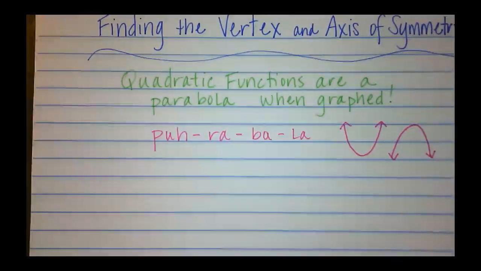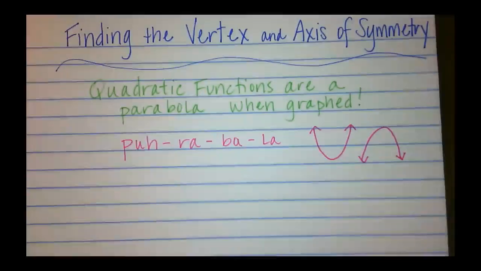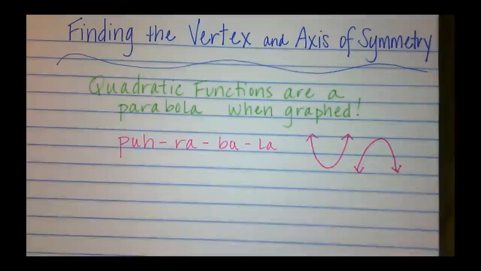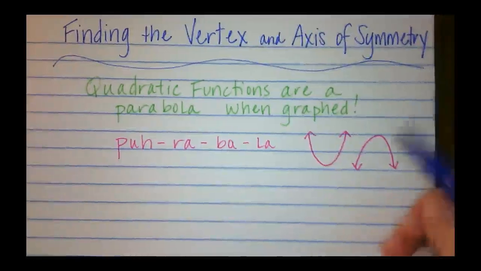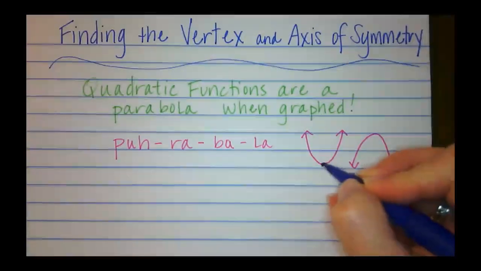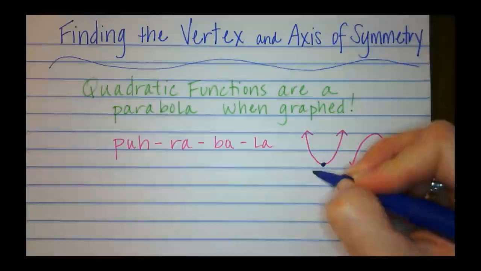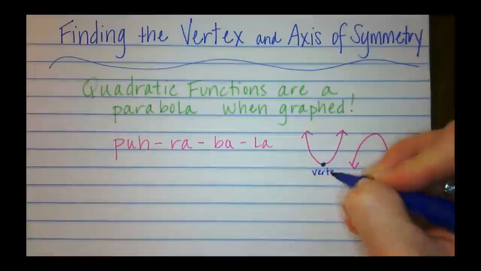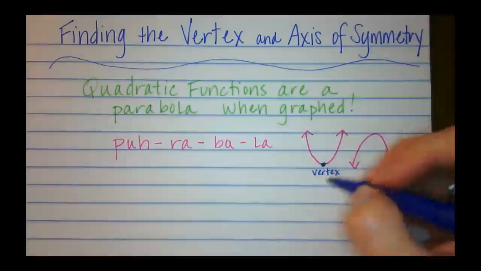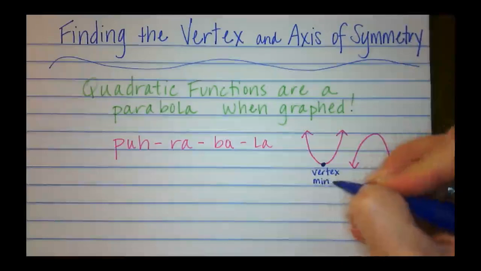And there's so much information on this topic that's going to be coming in the next week or so. But what we're going to start off with today is finding the vertex and axis of symmetry. So just to clarify what that means, the vertex is going to be the highest or lowest point. So right here, this is the vertex. And for this parabola, it is a minimum point.